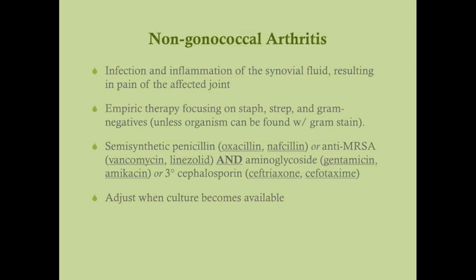A semi-synthetic penicillin or an anti-MRSA agent will cover staph and strep. So oxacillin, nafcillin, or if we're suspecting MRSA, then vancomycin or linezolid, and those both would cover any of the strep causes as well. To cover the gram-negatives, we use an aminoglycoside or a third-generation cephalosporin. So this is basically the same way we treat osteomyelitis. And then we'll adjust the treatment regimen when the culture results become available.